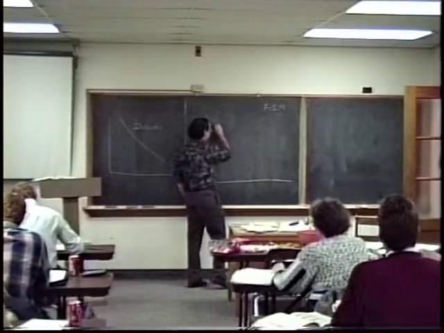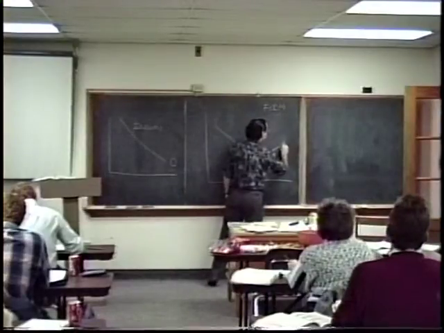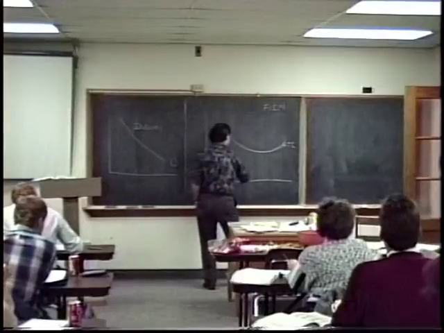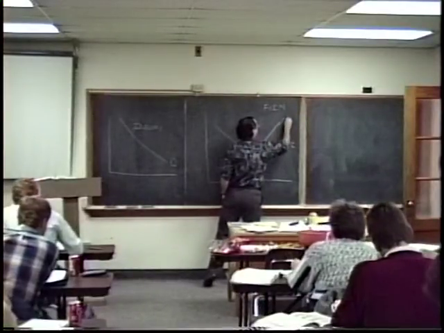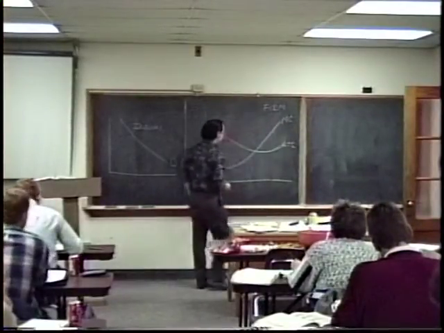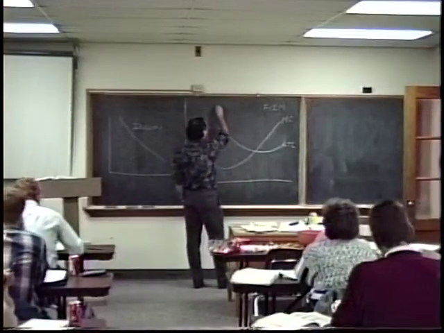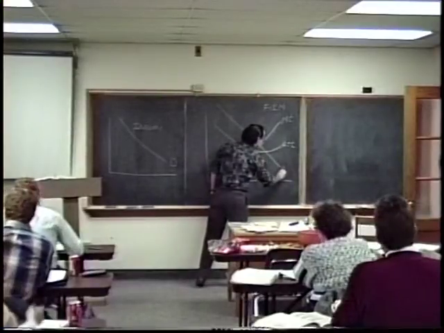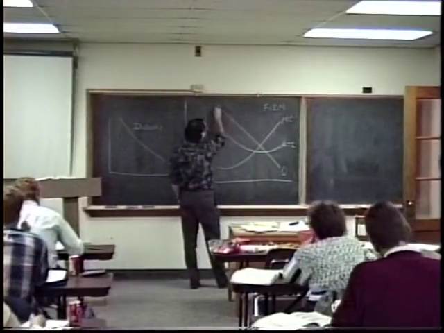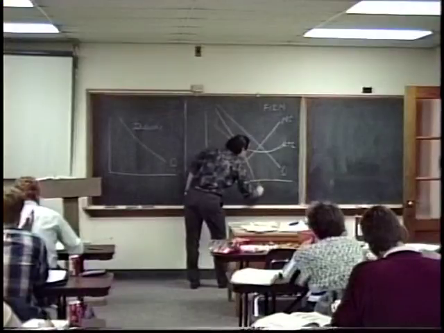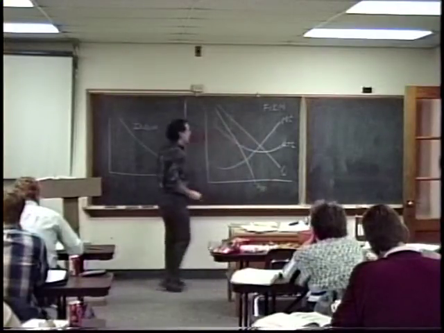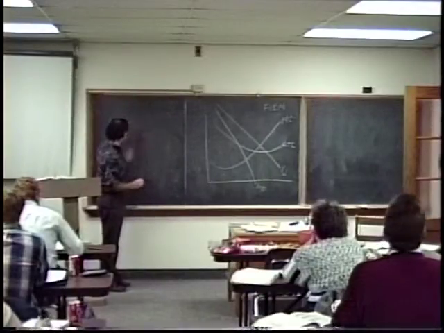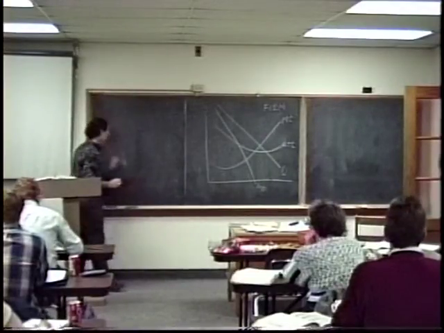We take average total cost. And marginal cost. And put a downsloping demand curve. And downsloping marginal revenue curve. So that's for the firm, monopolistically competitive firm.